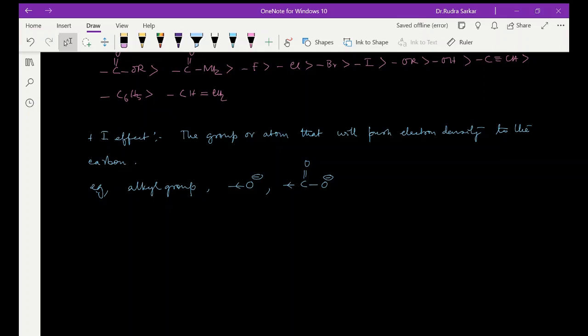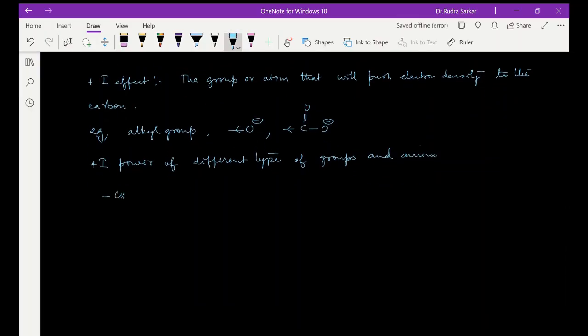So, if we compare the plus I power of groups and anions, then one can say that CH2- will be having more plus I effect than NH-, then O-, followed by COO-, and followed by the tertiary alkyl group.